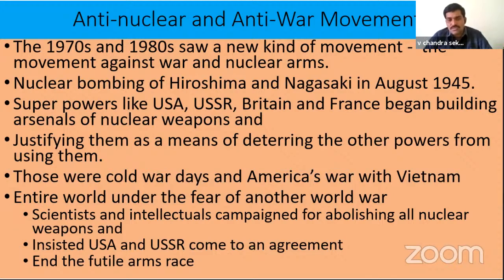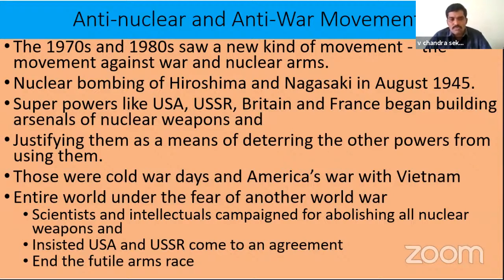In this situation, people all over the world felt fear that another world war, a third world war, may come. So many people were afraid. At that time, scientists and intellectuals campaigned for abolishing all nuclear weapons. The famous scientists and intellectuals all over the world started a protest against the nuclear weapons produced by the superpowers.